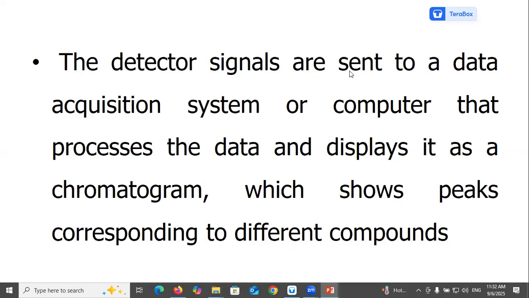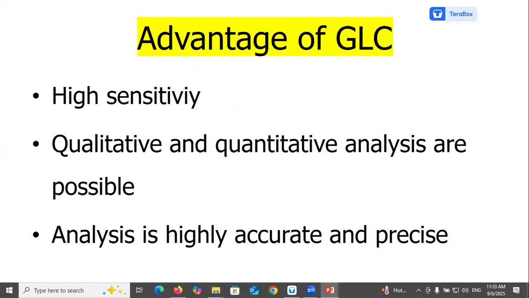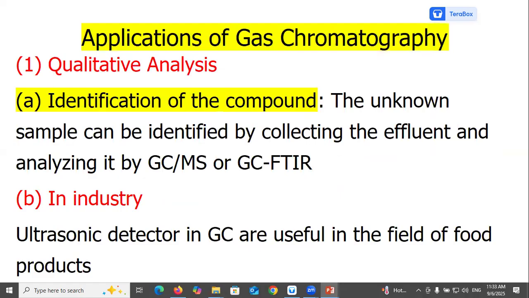The detector signals are sent to the data acquisition system or computer that processes the data and displays it as a chromatogram, which shows the peaks corresponding to the different compounds. Advantages of GLC: highly sensitive, and qualitative and quantitative analysis are possible. Analysis is highly accurate and precise.